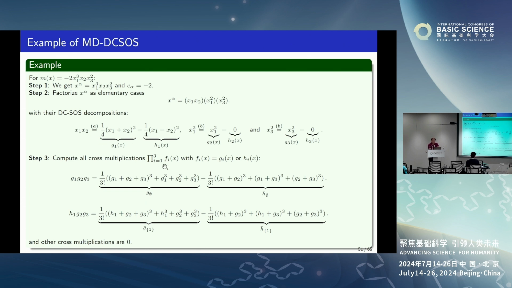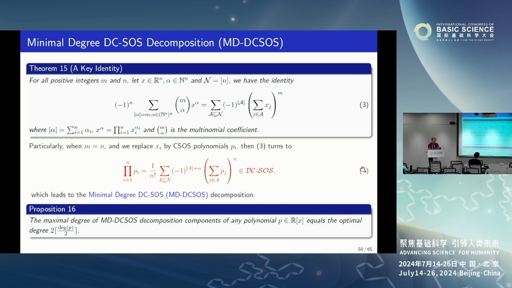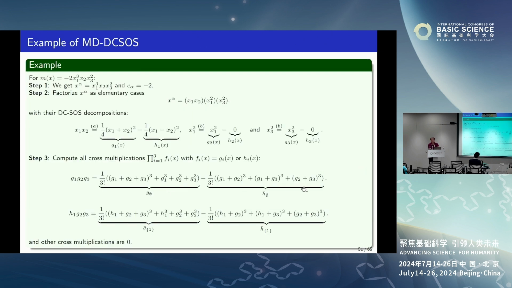So for the multiplication of each term, Gi, Hj, we need to multiply the cross terms, Gi or Gj or Gi, Hj, and you see that there are only two non-zero terms, this one and this one, and both of them can apply this formulation to get a very short decomposition.